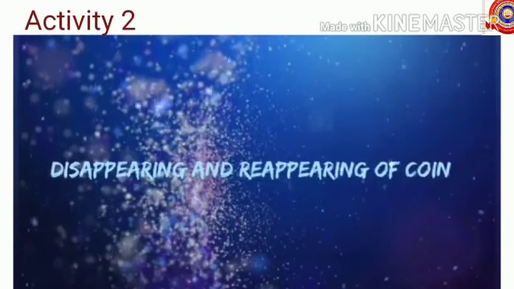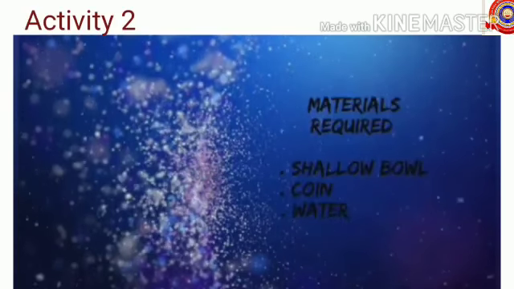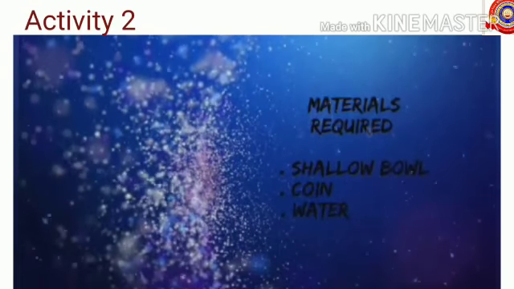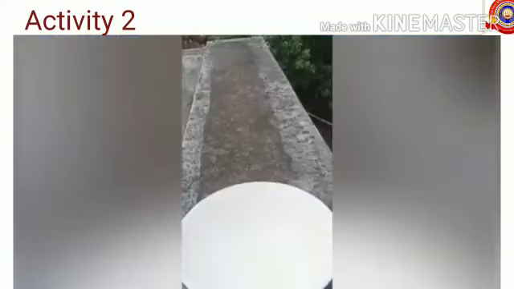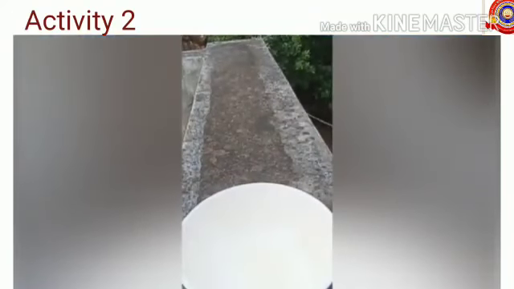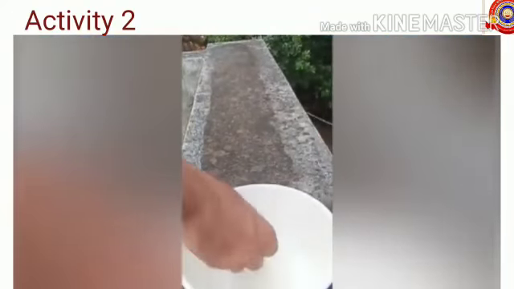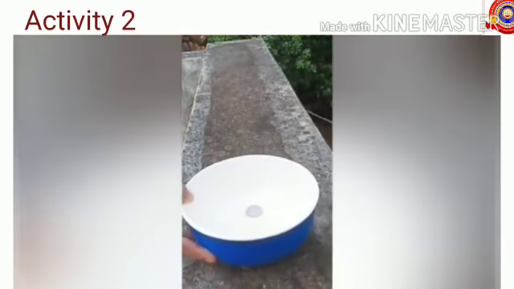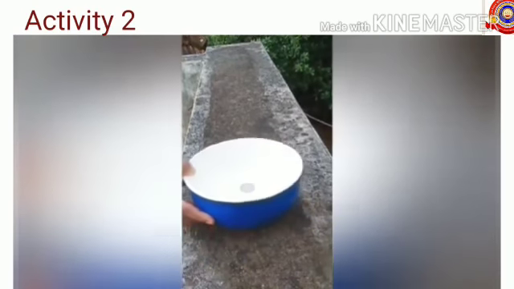Next one, disappearing and appearing of coin. For this activity we need a large shallow bowl, a coin and some water. So let's know how this happens. Take a shallow bowl and place a coin inside the bowl and observe slowly. Move the bowl away from you slowly, all the while looking at the coin.